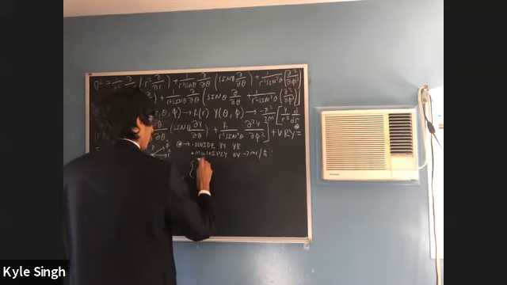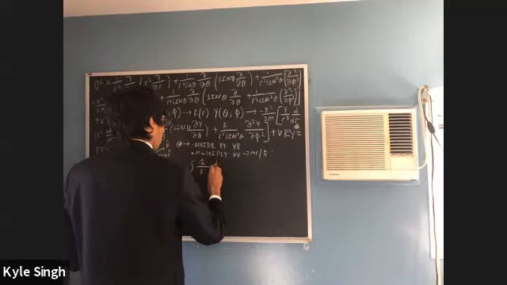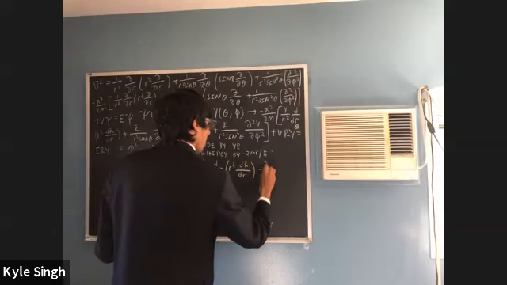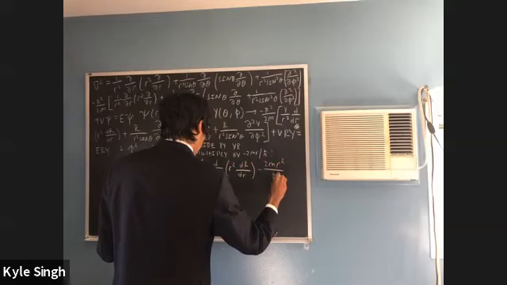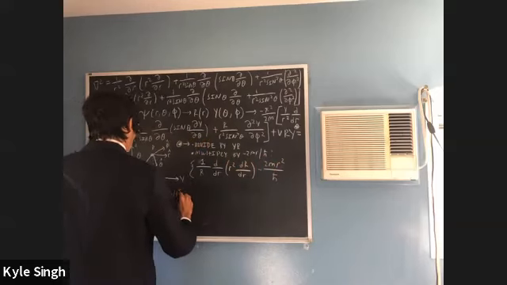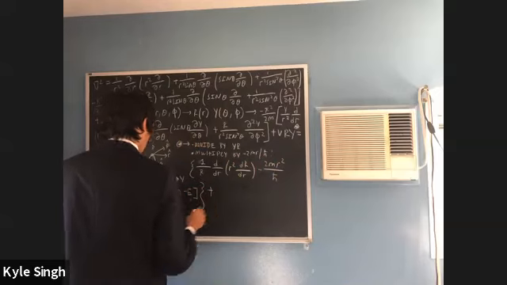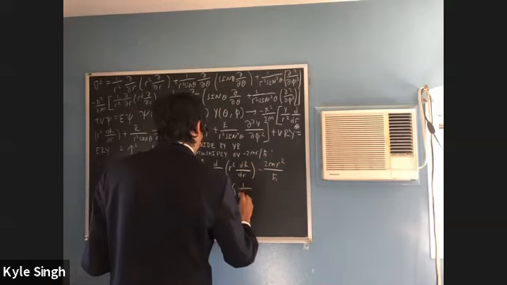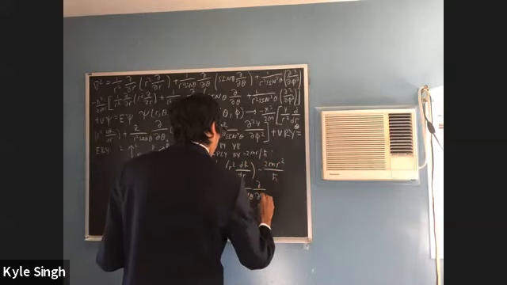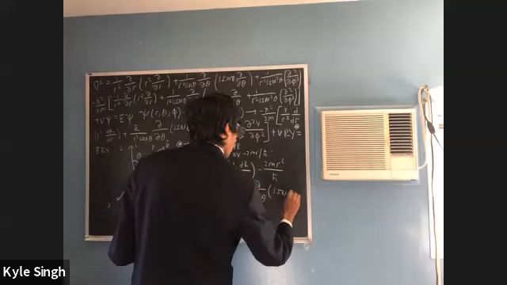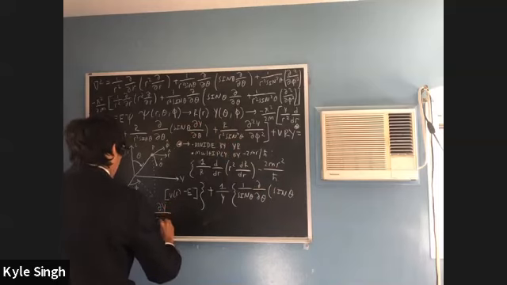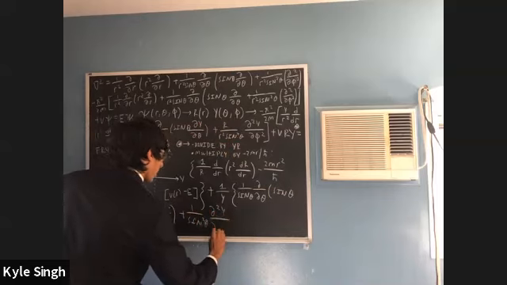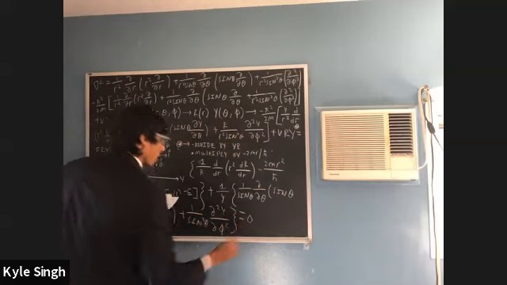You get 1 over R d/dr of r squared dR/dr minus 2m r squared over h bar squared times V of r minus E, plus 1 over Y, 1 over sine theta d/d theta of sine theta dY/d theta, plus 1 over sine squared theta d squared Y/d phi squared, equals 0.